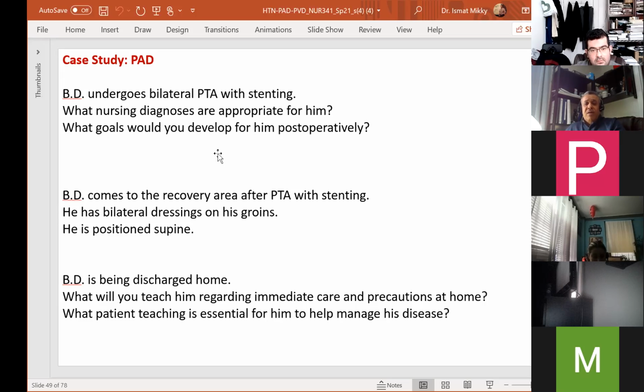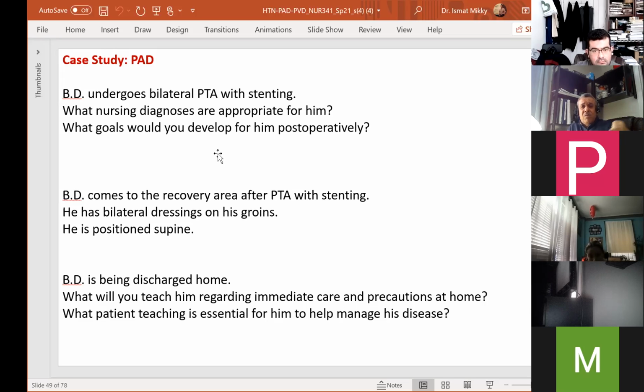The patient comes to the recovery area after the PTA procedure with stenting. The patient has bilateral dressings on the groins and is in a supine position. Now, in the acute care, in the recovery area, the post anesthesia care unit (PACU), we went over this, but we're repeating what we have said, to monitor the following: the skin color and temperature.